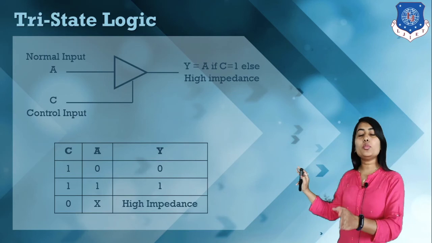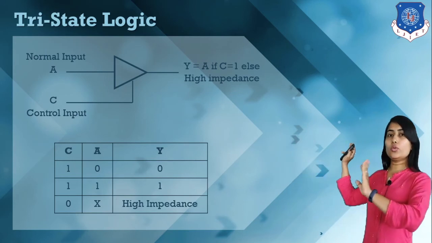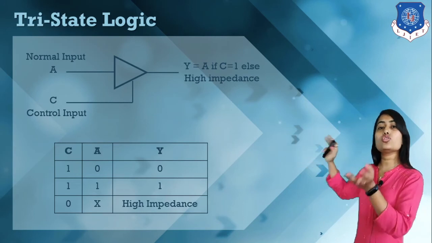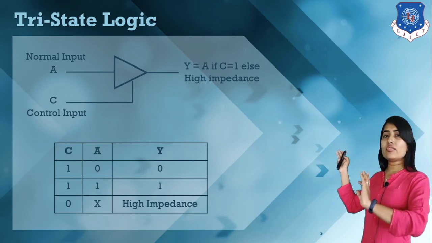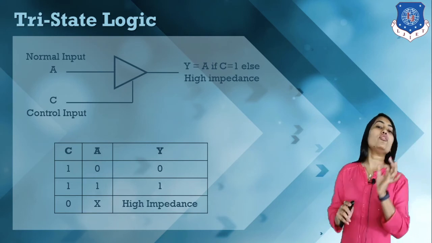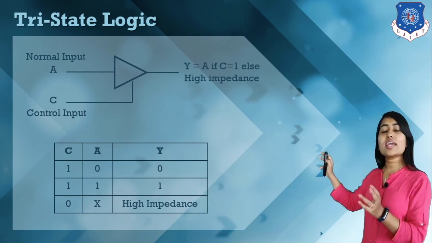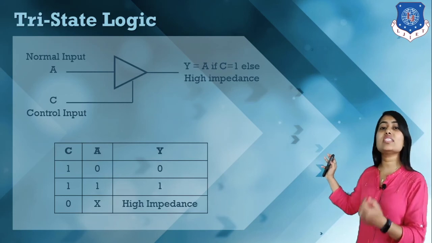If the control input is equal to 1, the normal input is equal to the output. So whatever the value of the normal input, if A is equal to 0, at the output side we have a 0. If A is equal to 1, at the output side we have a 1. But if the control input C is equal to 0, then this circuit works as an open circuit and goes into a high impedance state.